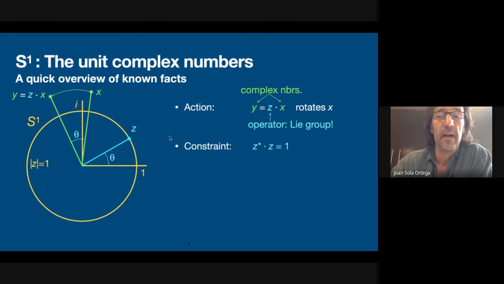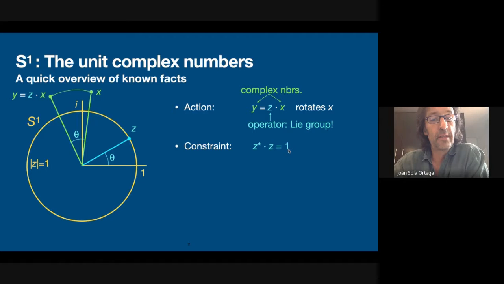To define the elements of the unit complex numbers, we just apply to any complex number a constraint, z conjugate z equals 1. This imposes a unit norm. You can see that this constraint is a nonlinear constraint.